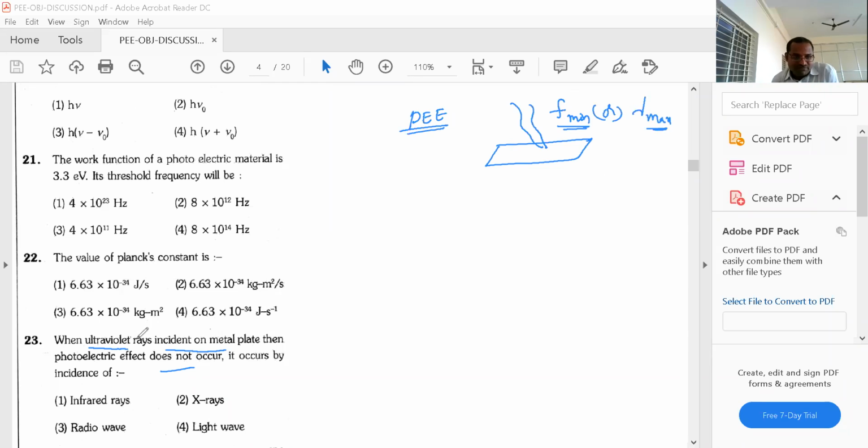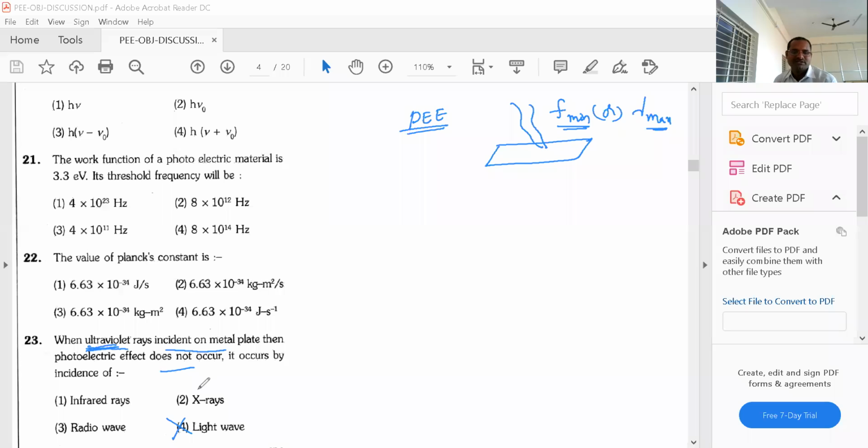That means with ultraviolet light there is no emission of photoelectrons, so you should change to light having still more frequency or less wavelength. Clear? Now among the 4 given options, which has more frequency or less wavelength? Infrared rays, X-rays, radio waves and light rays. Light rays are nothing but ultraviolet rays. All of these, X-rays, infrared rays, microwaves, gamma rays, UV rays, are light rays only. So light rays is not an option.